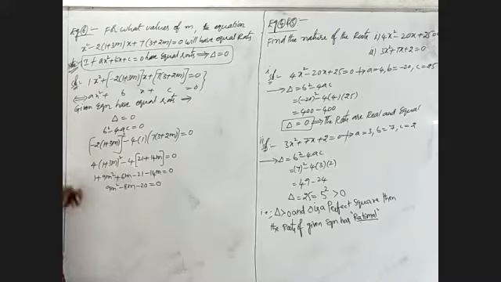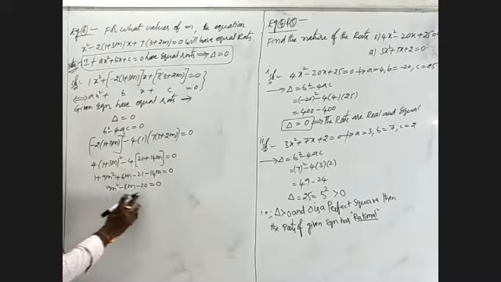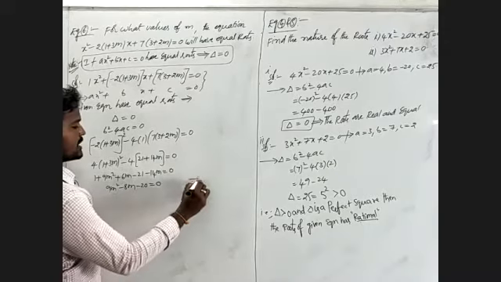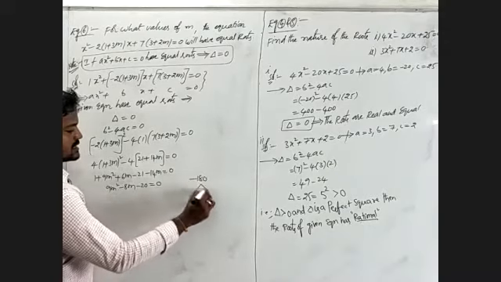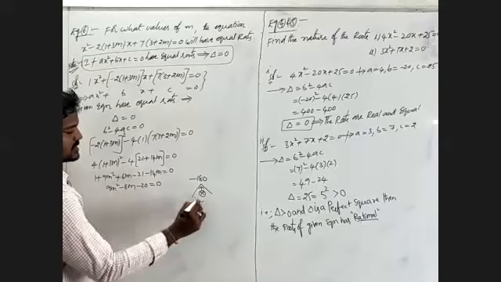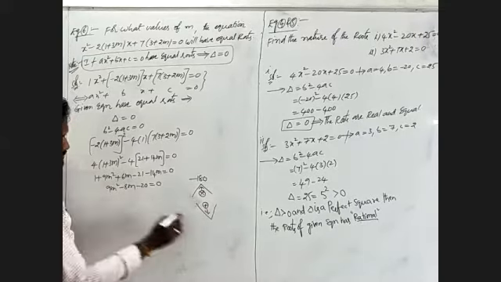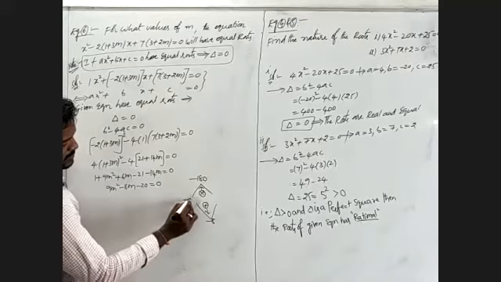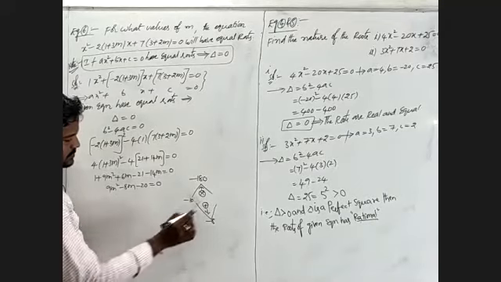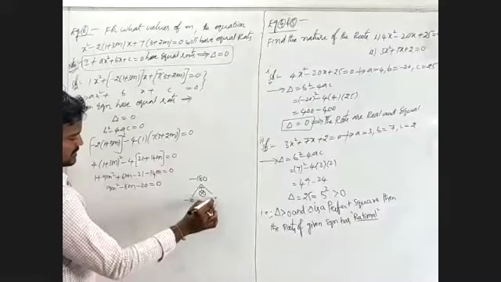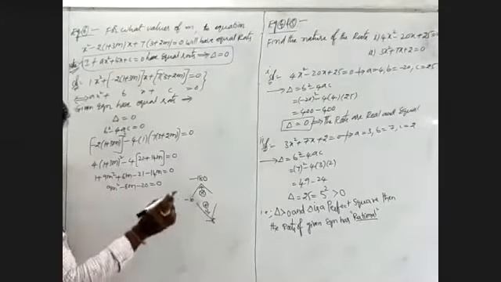We observe the m square coefficient is 9 into minus 20, which is minus 180. This is the multiplication condition. Then the addition should satisfy minus 8. I will take minus 10 and 8.